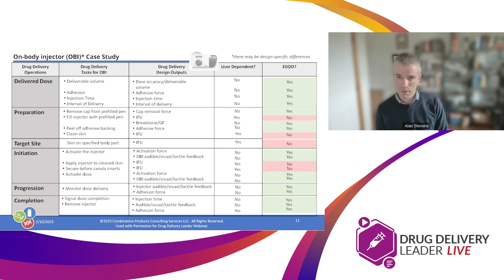I think this is really where it comes in, when you're preparing the device or initiating the device for delivery: pushing a button, removing caps, et cetera. And there are other tasks involved, as we see here, like cleaning the skin, for example. Where's the line between user or human factors versus a device function?